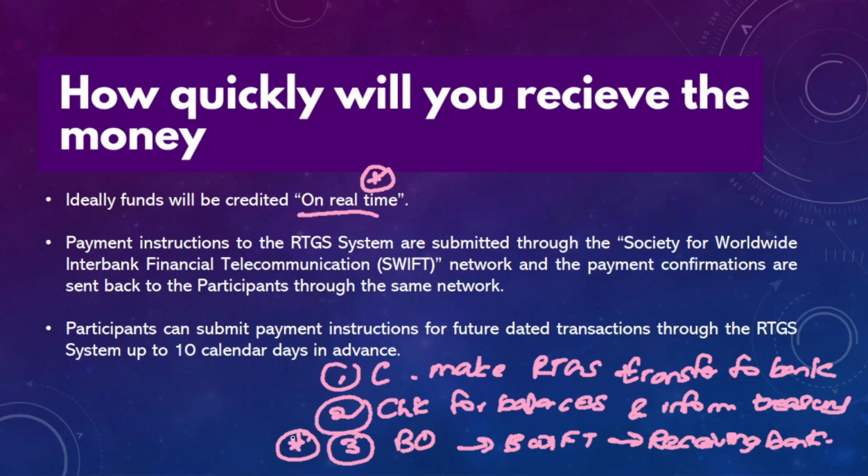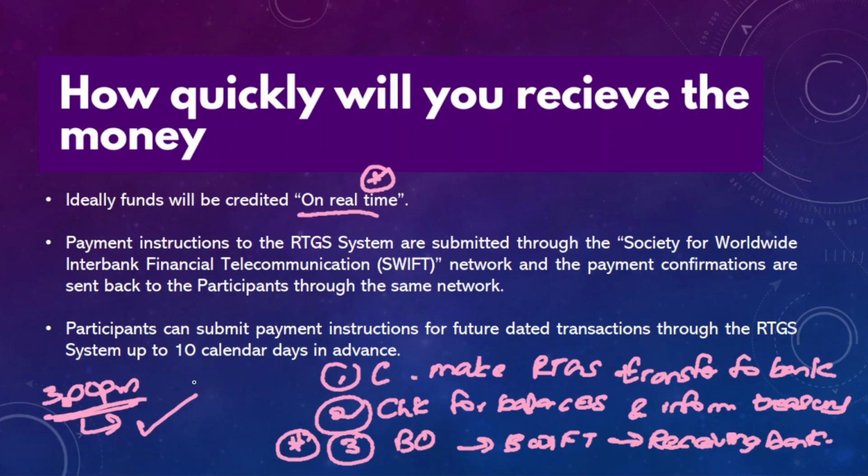And by evening, now remember the cutoff time for customer related transactions was 3 p.m. So by 3 p.m. or immediately after 3 p.m. for certain transactions. So if you make the transfer at around let's say 3 itself, by 3:15, 3:30, all the credits will be recorded in the relevant receiving banks.